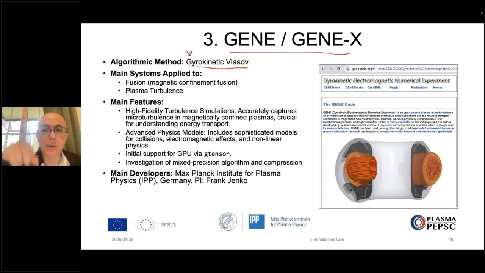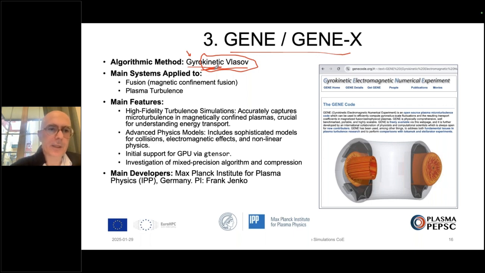It means that instead of following all the rotation of the electrons, we can just follow the center of the rotation. So we remove this high frequency from the system by just averaging around this rotation, but it has all these other similarities to the other code in the sense that it's still kinetic, so it still has the same challenges as the other code.